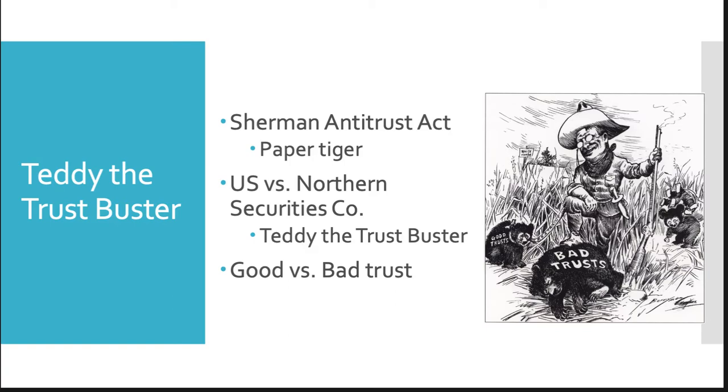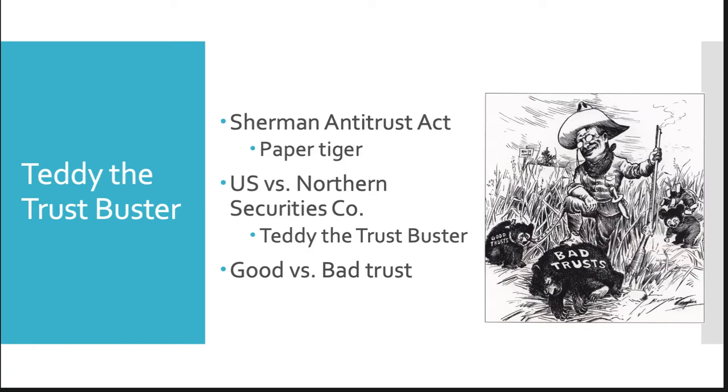Now, we can figure that railroads are used for trade. They are used for interstate commerce. And if one person owned the majority stake in the railroads across the United States and they were setting rates that hindered interstate commerce, well, that, my friends, is a direct violation of the Sherman Antitrust Act.